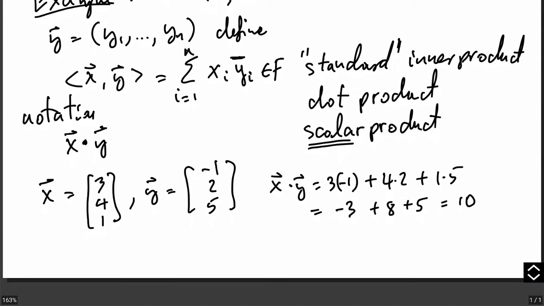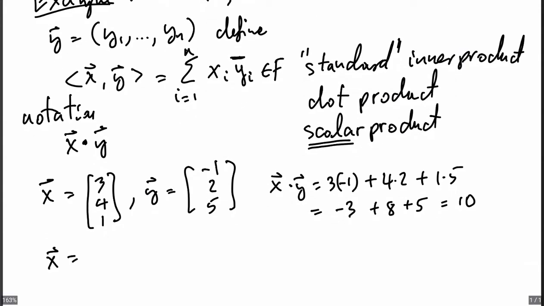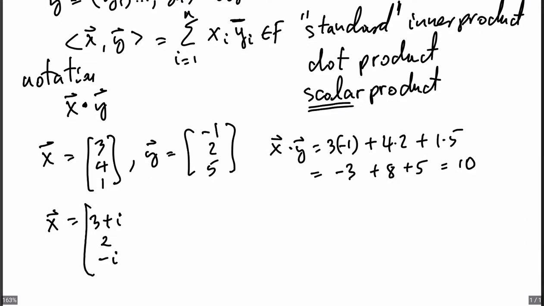But note that we can do this also with complex numbers. We could have 3 plus i, 2 minus i as a vector for x, and for the y vector it could be 1 plus i, 3 minus 2i, and i.